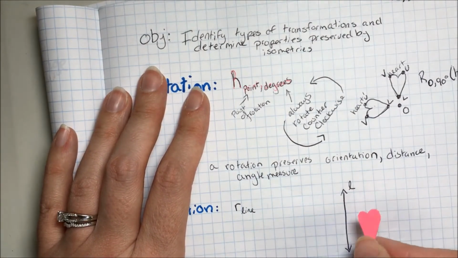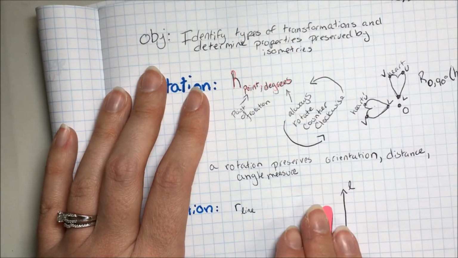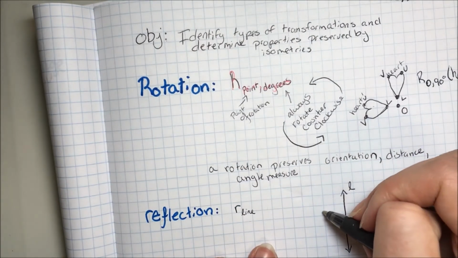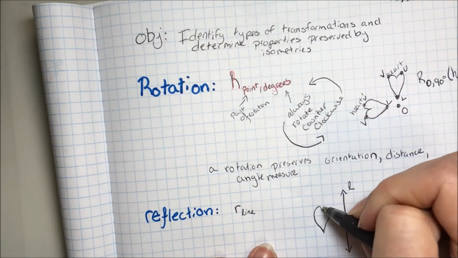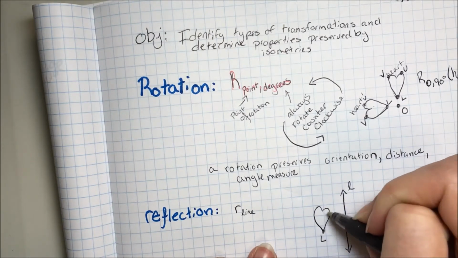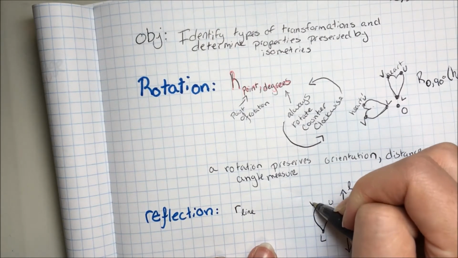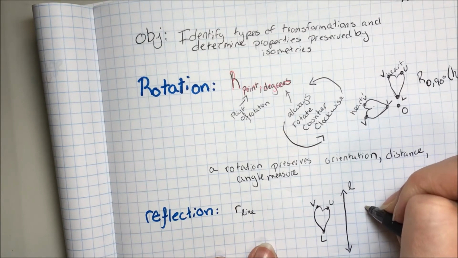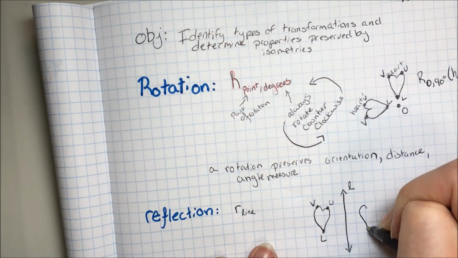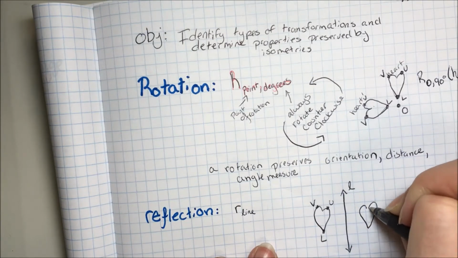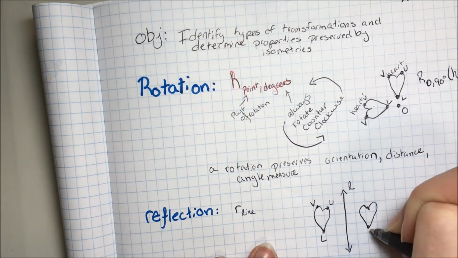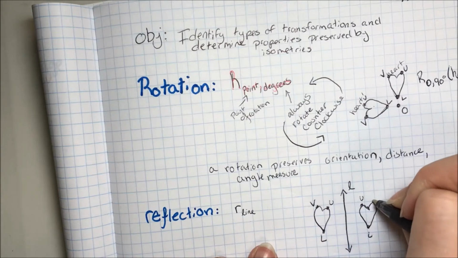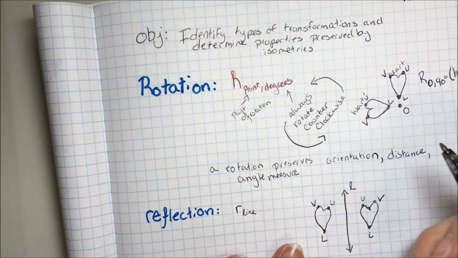Okay? So, to write this, so here's my heart. L, U, V. When I reflect it over, the orientation changes.